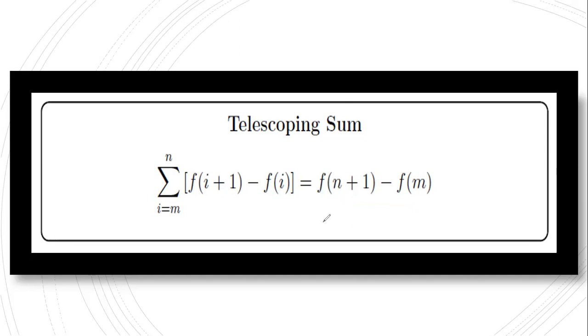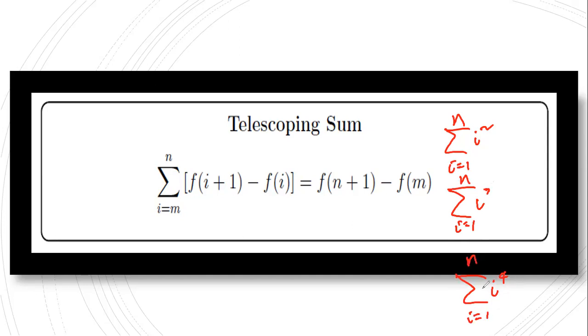But before we prove it, let me share that this telescoping sum is very important because it may solve a lot of problems. Aside from solving a lot of difficult problems, it will also be the key in deriving some properties in sigma notation. For example, it can derive the formula for the summation of i squared, where i ranges from 1 to n. It can also derive the formula for the summation of i cubed, where i ranges from 1 till n. It can also derive the formula for the summation of i to the fourth power, where i ranges from 1 until n, and so on.